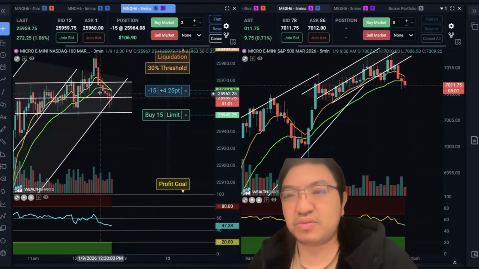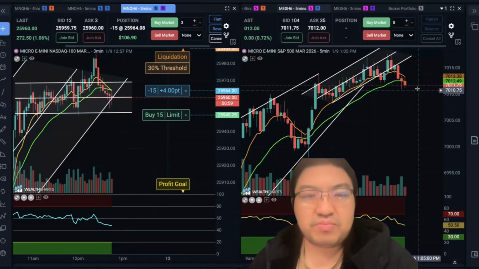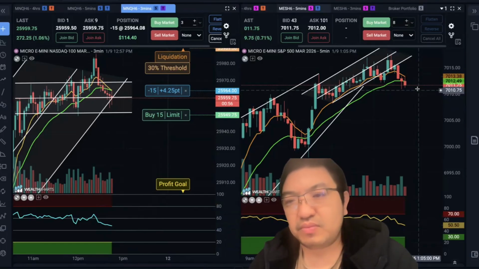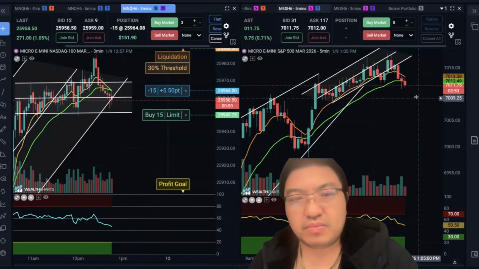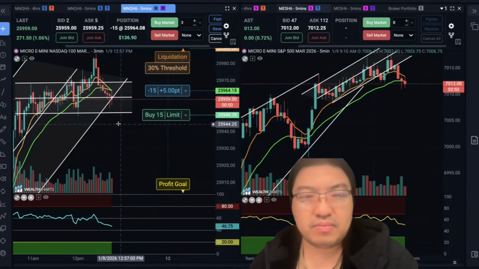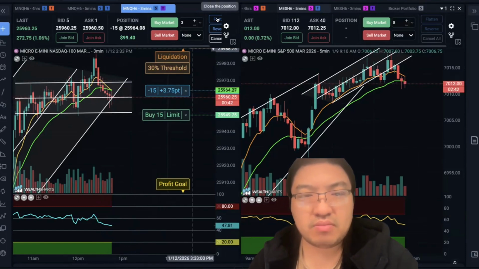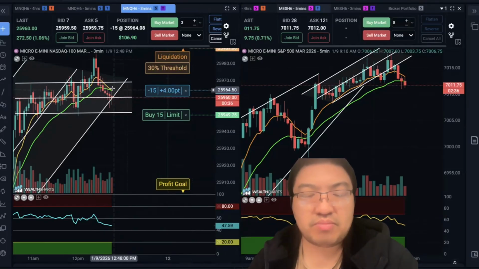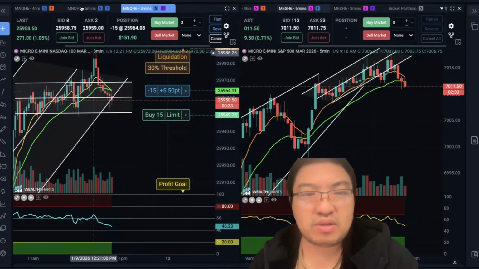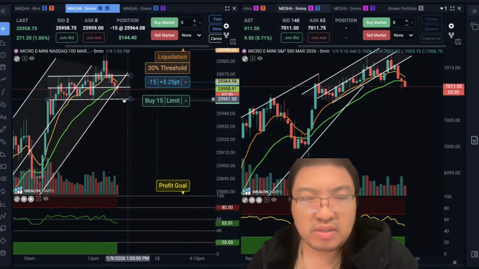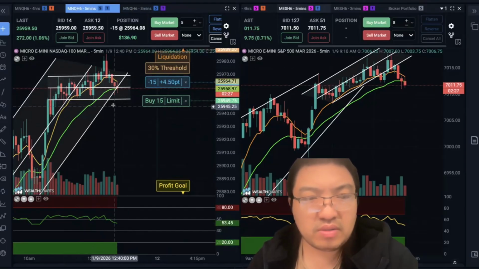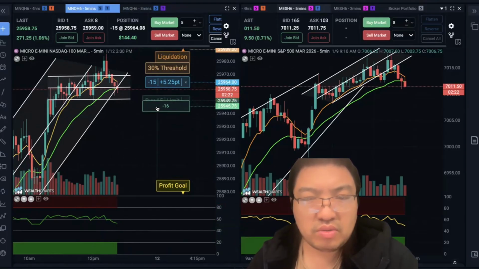If ES can continue, create a lower low. Lower low to here. Maybe I should set my stop loss somewhere here. I think it's getting rejected by the EMA line. So it's now crossing. It's trying to cross the knees. I should go for it here.